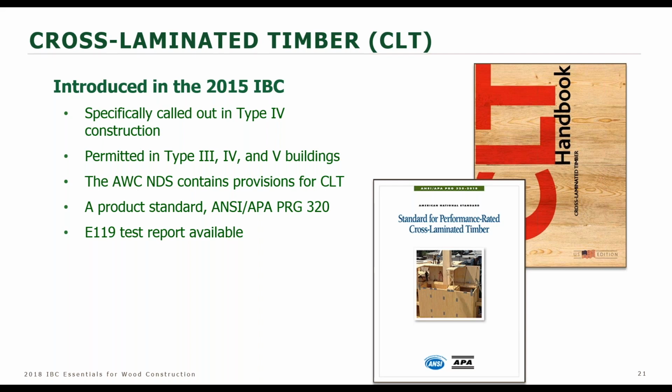With one exception, I should say, that's type 3 exterior walls would not permit cross-laminated timber, but type 4 will. It does have to be protected with fire retardant treated wood or gypsum or a non-combustible covering in the exterior wall. But it got in the 2015, it's in the 2018 in the same manner.